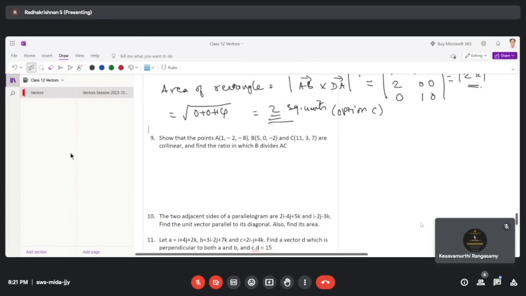Okay. So how do we say that 3 points are collinear? There is one point A, let's say, and one point B is here, and point C is here. They are collinear means, we can simply evaluate by checking AB plus BC is equal to AC.